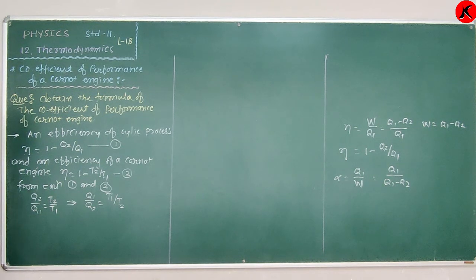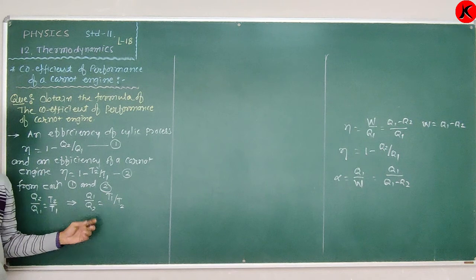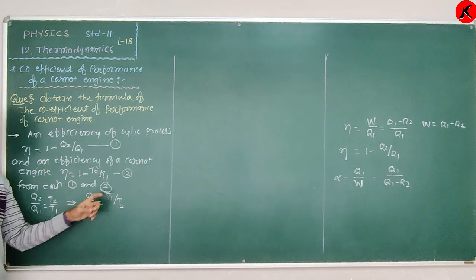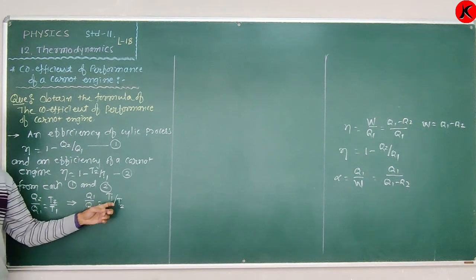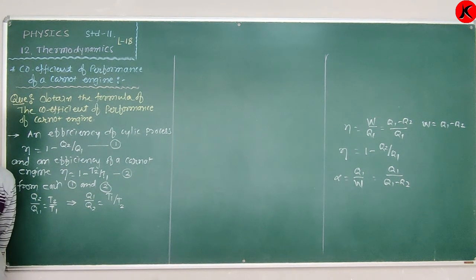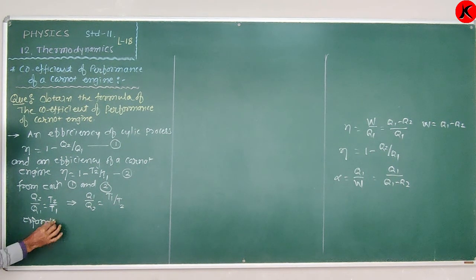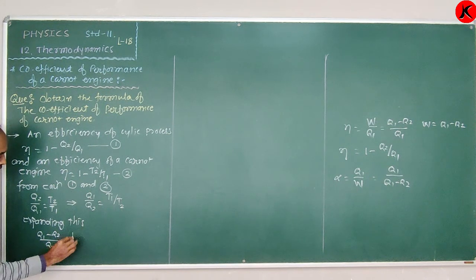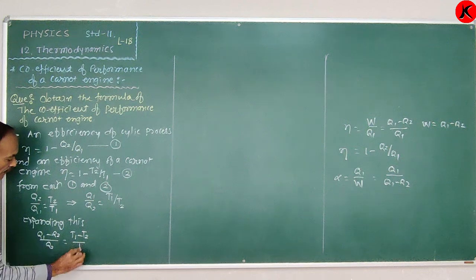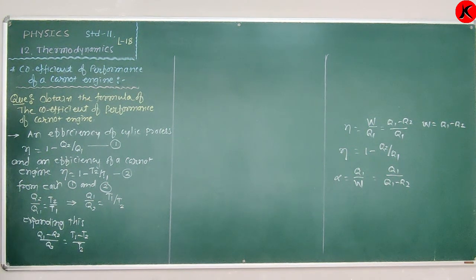Right? So by using these two equations of the efficiency, one for the cyclic process, second for the Carnot engine, we obtain that the ratio of the heat absorbed to the heat released is equal to the ratio of the temperature of the heat source to the temperature of the heat sink. Expanding this equation in that form, we can say that Q1 minus Q2 upon Q2 is equal to T1 minus T2 upon T2. Clear?